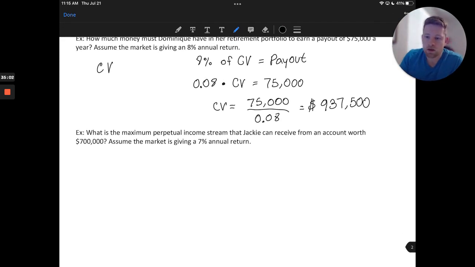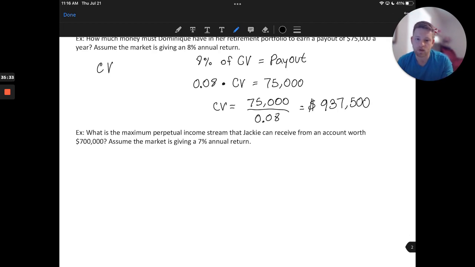And it says, what is the maximum perpetual income stream that Jackie can receive from an account worth $700,000, and assume the market is giving 7% annual return? Okay, so in other words, what's the maximum that I can actually pull out of this account each year so that I can earn an income stream every year in perpetuity at the 7% annual interest rate?